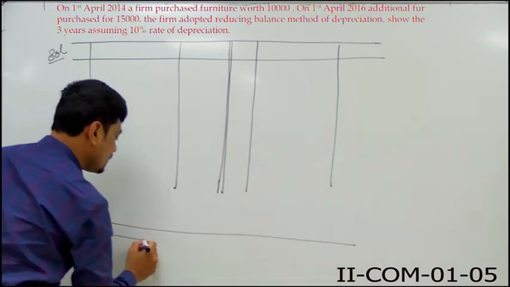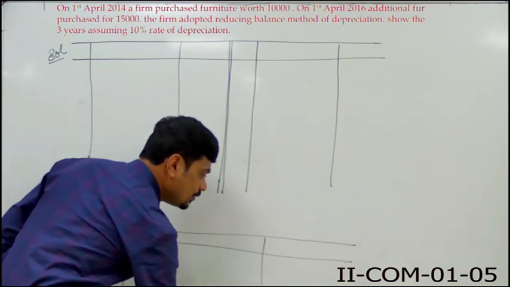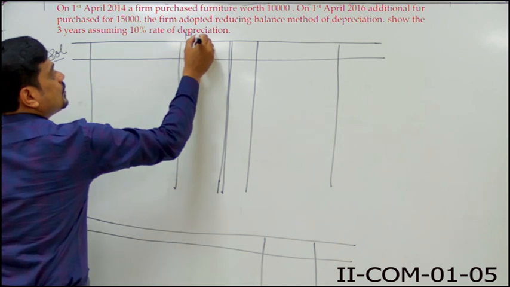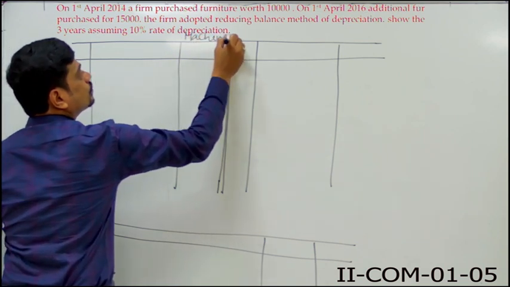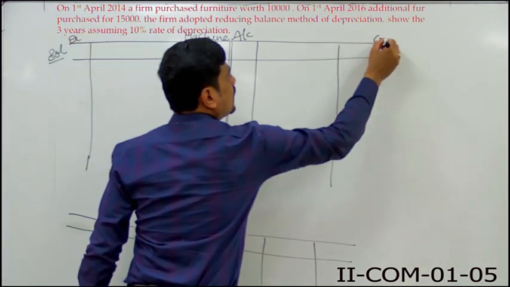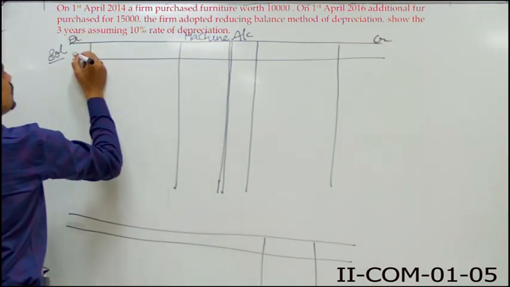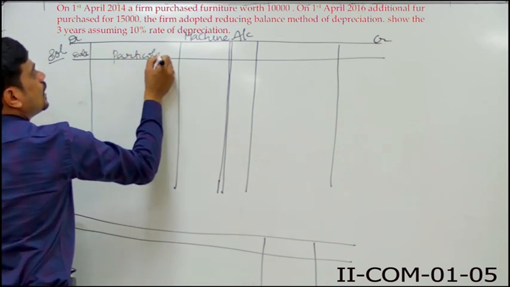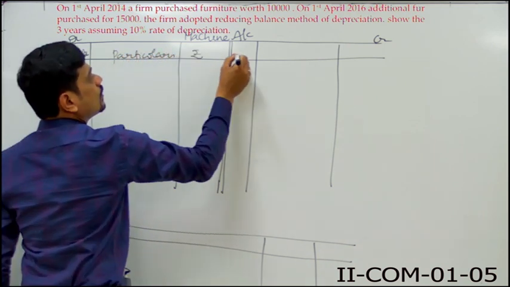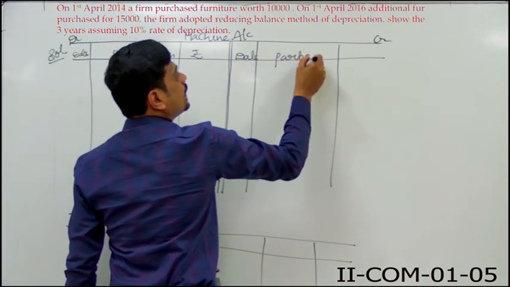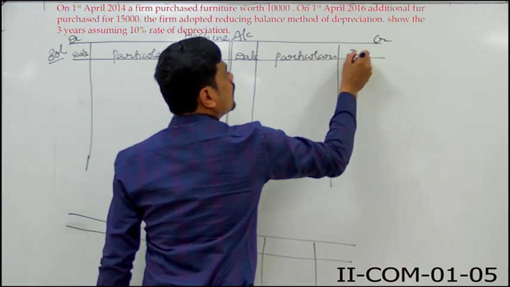Since we have 2 assets, as I told you, we'll maintain 2 columns. So, machine account. Debit, credit. Date column, particulars column, amount column. Again, date column, particulars column, amount column.